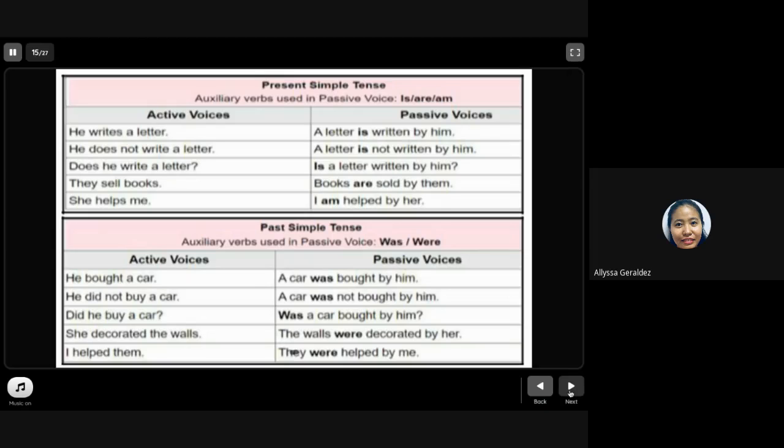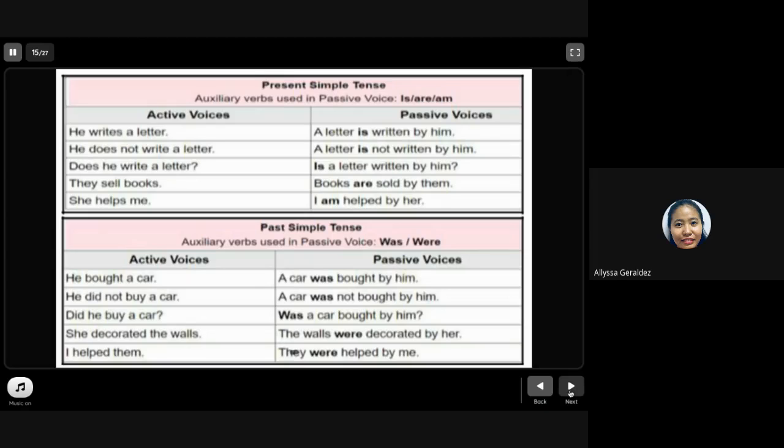So we change it to the subject pronoun they, and it's plural.